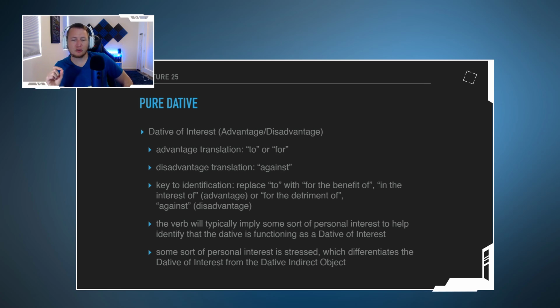Okay? The verb will typically imply some sort of personal interest to help identify that the dative is functioning as a dative of interest. So you have to understand the context. Now, some sort of personal interest is stressed, which differentiates the dative of interest from the dative indirect object. Notice the translation can be identical, to or for. The only difference is personal interest is somehow stressed or implied in the verb.